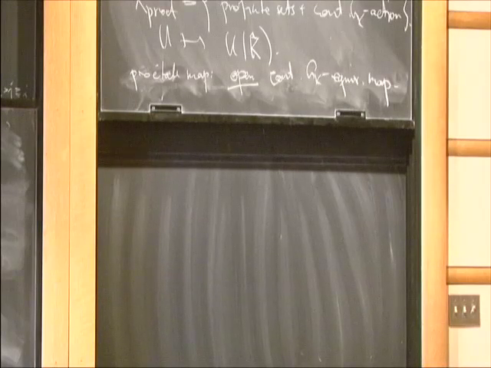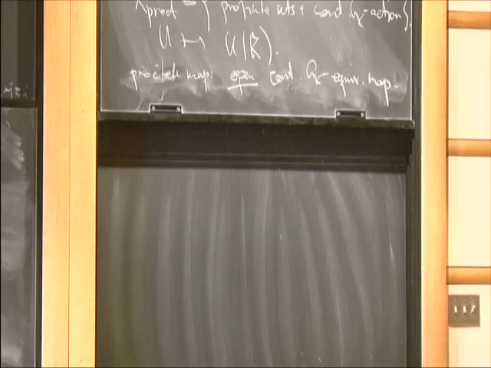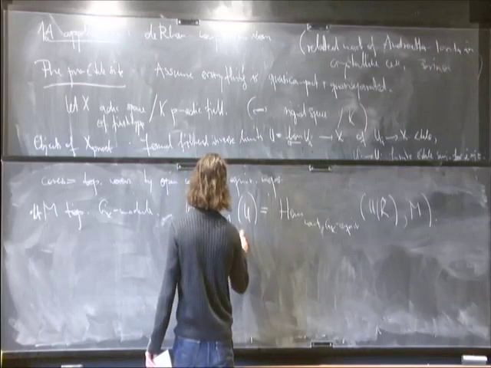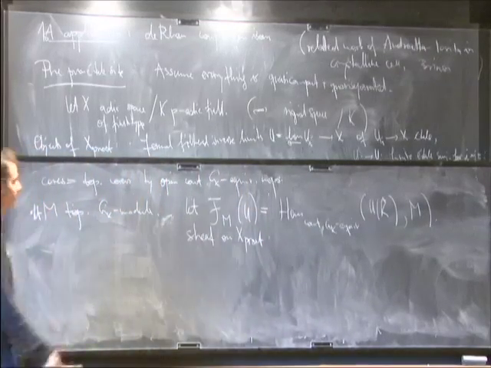Then to it we can associate a sheaf, which I call F_M, and define it on a set U to be just the continuous G_K-equivariant maps from this profinite set to M. And then this is a sheaf. It would not be if we did not require that the maps are open.